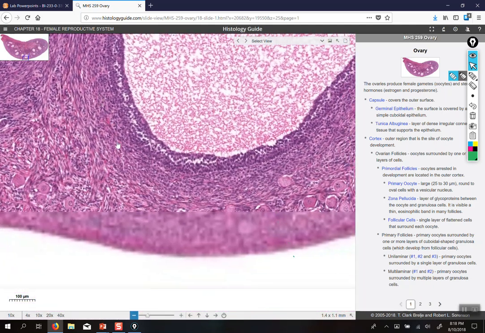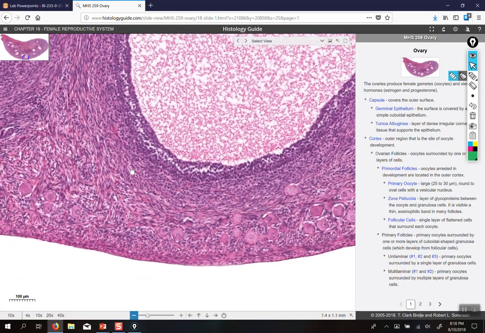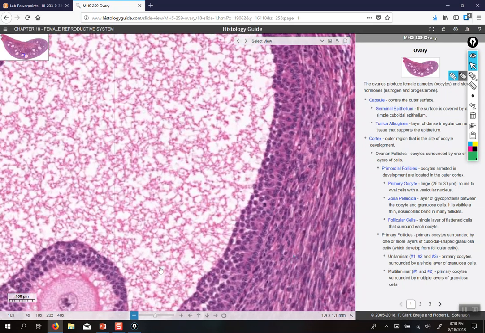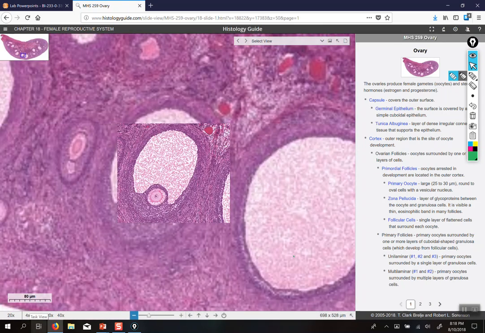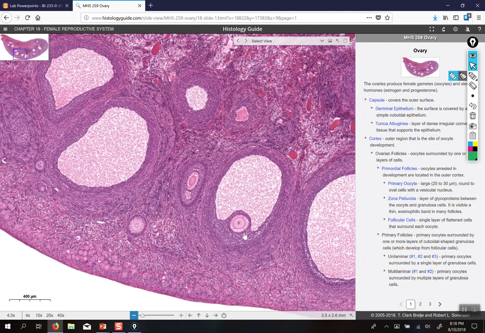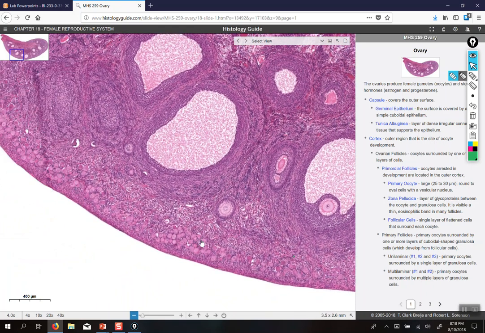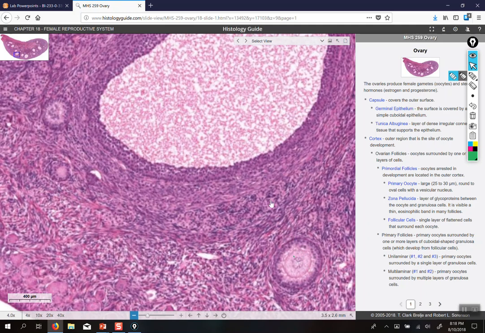Where did it go? There it is. Okay, so hopefully if I zoom in right here, I will still have it in my field of view.